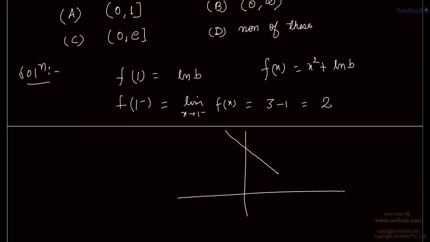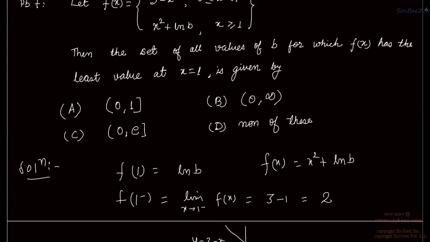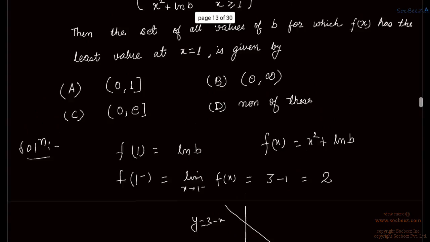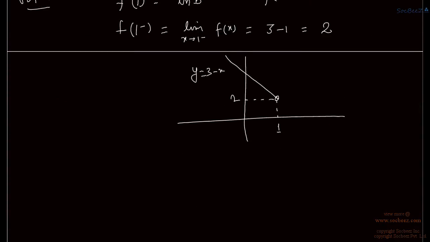So we have a curve. Before 1, we have this curve, that is y is equal to 3 minus x, and just after 1, we have the curve y is equal to x square plus something. So its nature is something like this.